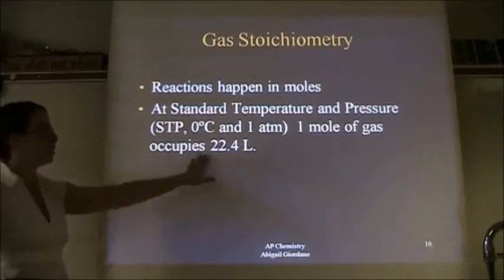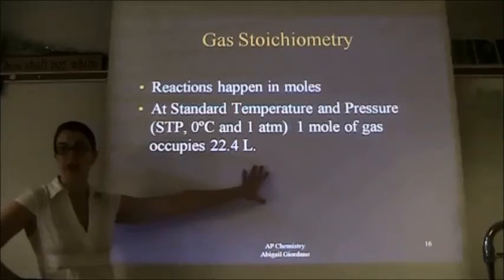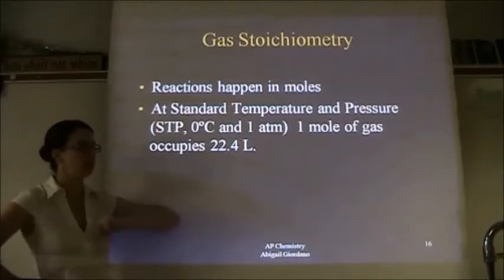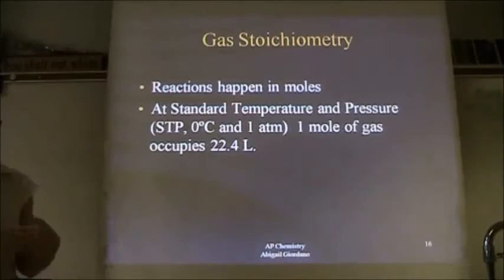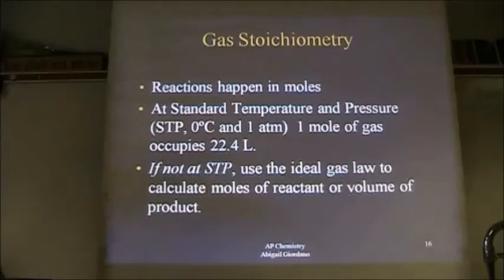If you're at STP, you are permitted to use that number. So what if you're not at STP? Then you will for sure be using the ideal gas law at some point in the problem. It could be at the beginning, it could be at the end. It depends on the problem.